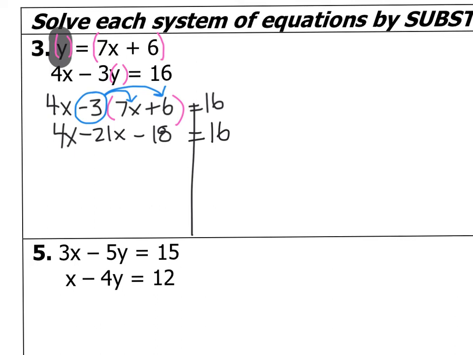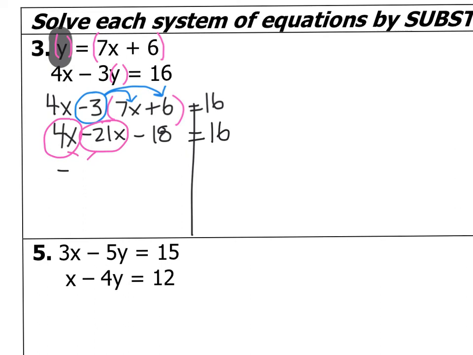I need to combine my x's. I've got positive 4x and negative 21x, and those two need to be combined into one group of x's. Positive 4 and negative 21 mean that I'm going to have an answer that's negative because there are more negatives.